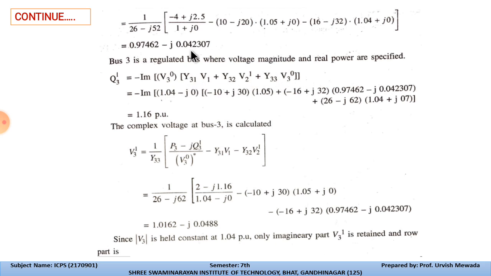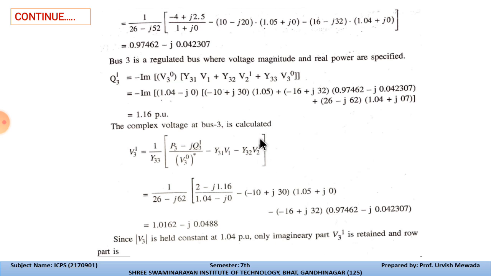By putting all the values, we get 1.16 pu for Q3 dash, and the complex power at bus number 3 is now calculated. So V3 1 is equal to 1 upon Y33 times P3 minus JQ3 1 divided by V3 0 conjugate, minus Y31 V1 minus Y32 V2 dash.